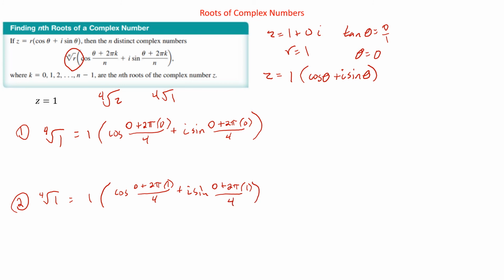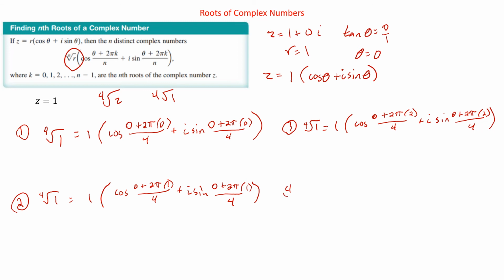The third one, the fourth root of 1, will be 1 times cosine of 0 plus 2 pi times 2 over 4 plus i sine 0 plus 2 pi times 2 over 4.